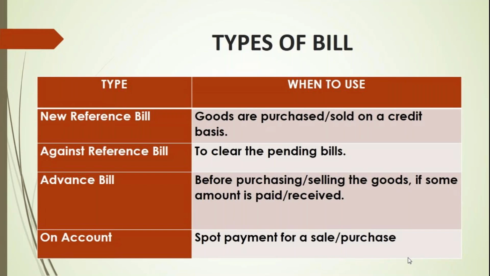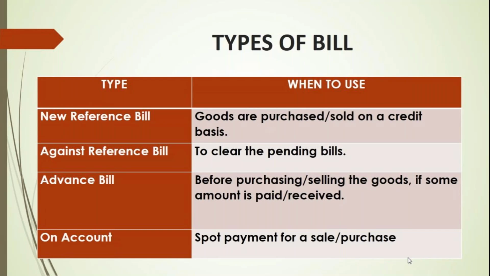Without the support of a bill as documentary evidence, would you make the payment? No. Only with the support of the bill as documentary evidence we clear the bills. So in the same way, whenever the amount is paid to the supplier and the bills are settled, I go for an against reference bill.